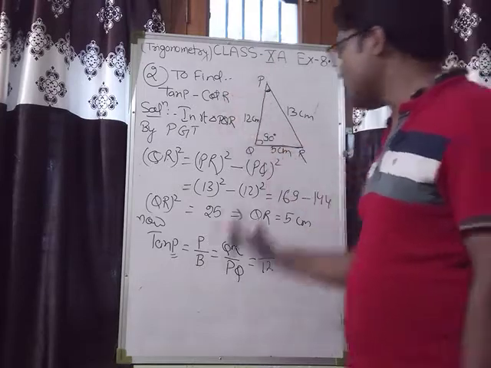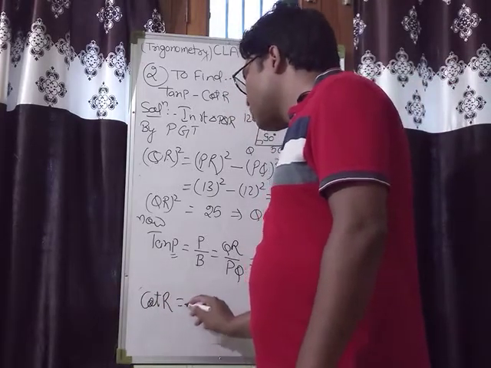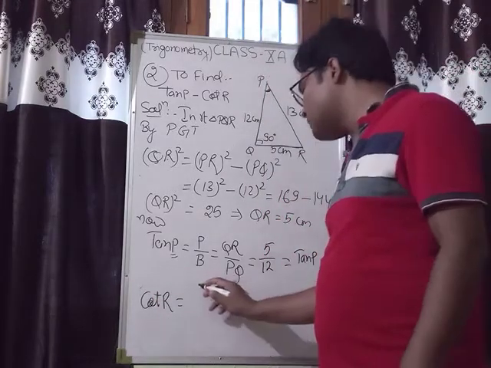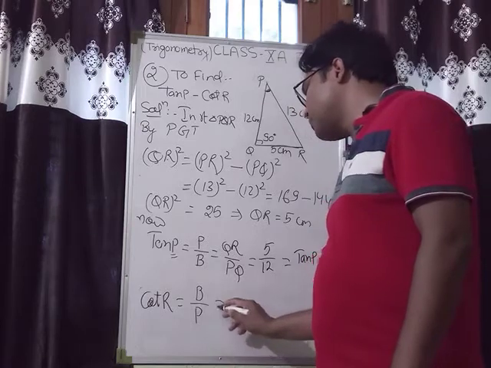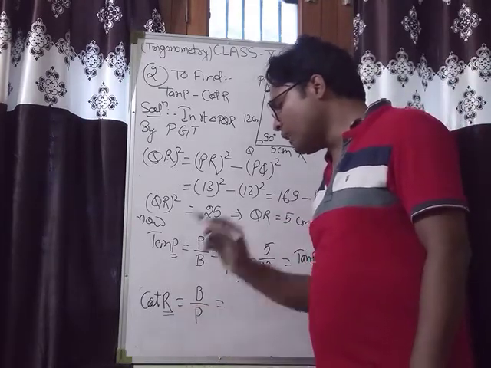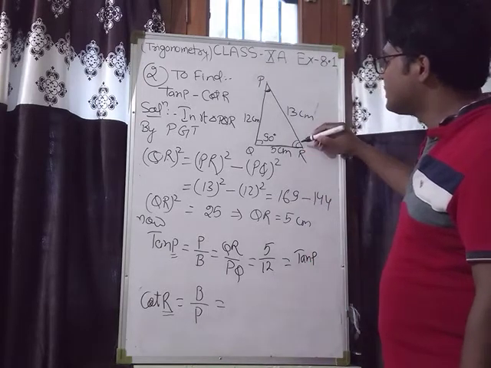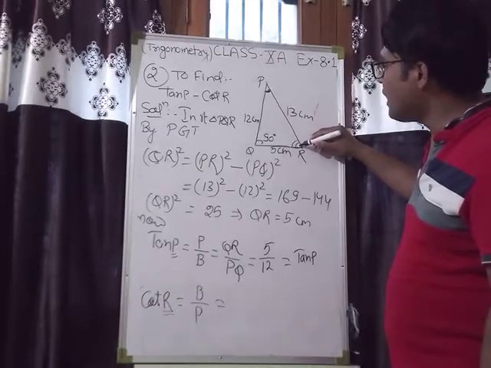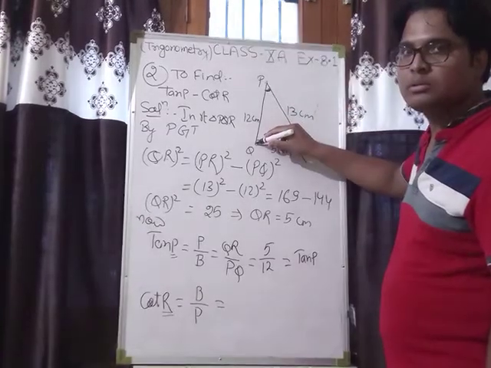Now find out cot R. We know that cot theta is base upon perpendicular. But in this case we are talking about angle R. So the side opposite to angle R, that is PQ, will be perpendicular.